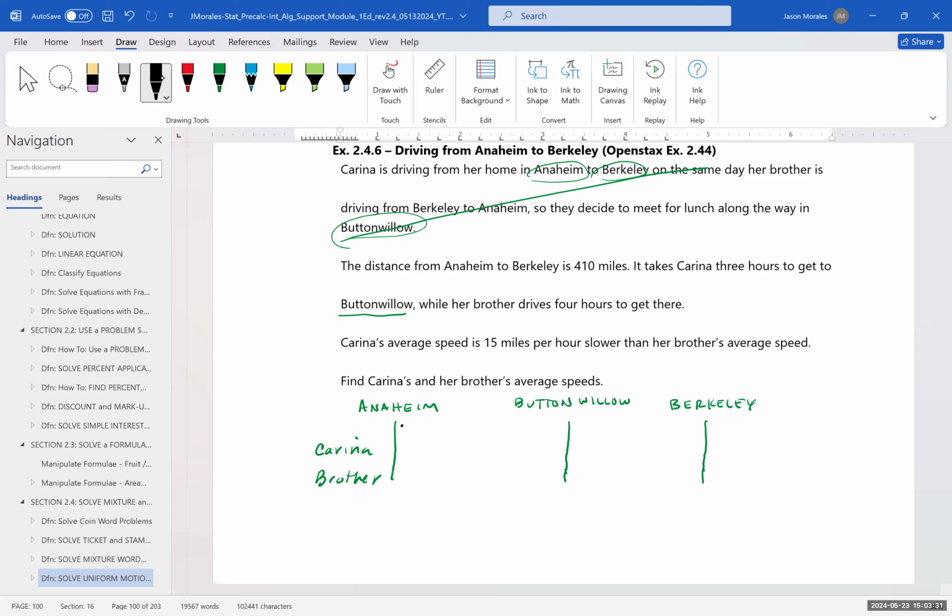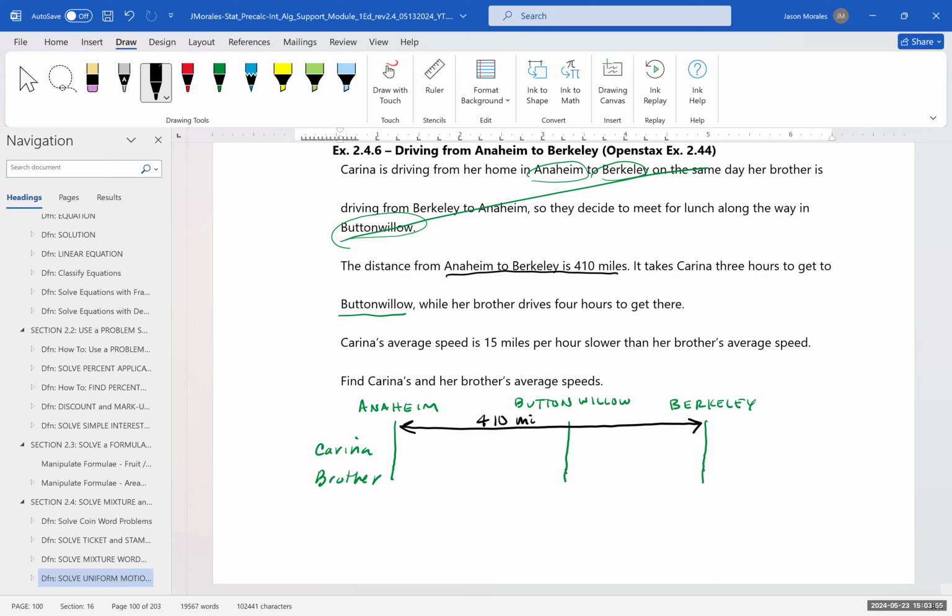Okay, so this total distance from Anaheim to Berkeley, all the way across, that is 410 miles. Right? So Anaheim to Berkeley is 410.